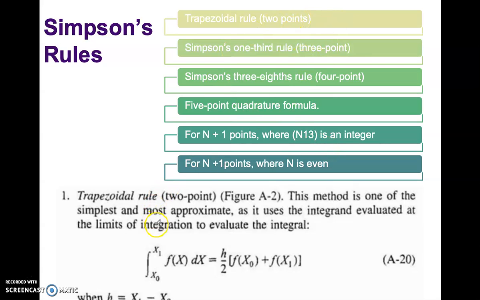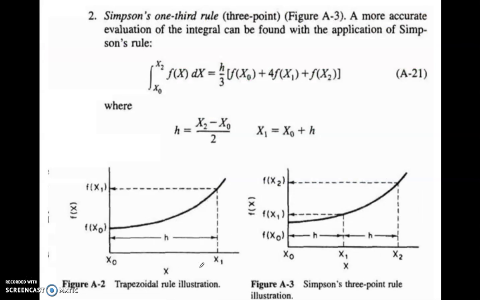Okay, so the first one, trapezoidal rule, is for 2-point data. For instance, you will have x0 and x1, so you use this formula, right? The next one is Simpson's 1/3 rule.